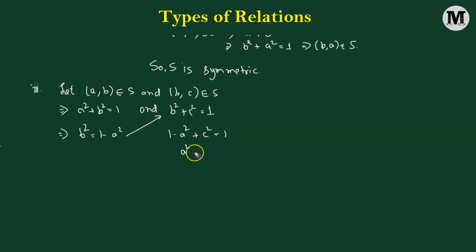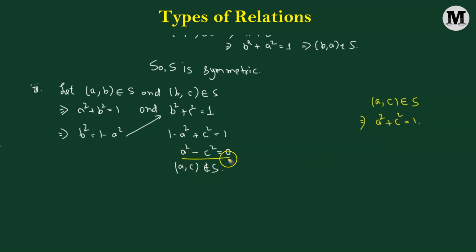Solving this, we get a squared minus c squared equals 0, but that simply means that the ordered pair a, c does not belong to the relation S. Why? Transitivity means that if a, b belongs to S and b, c belongs to S, we should get that the ordered pair a, c also belongs to S. That would translate to a squared plus c squared equals 1.